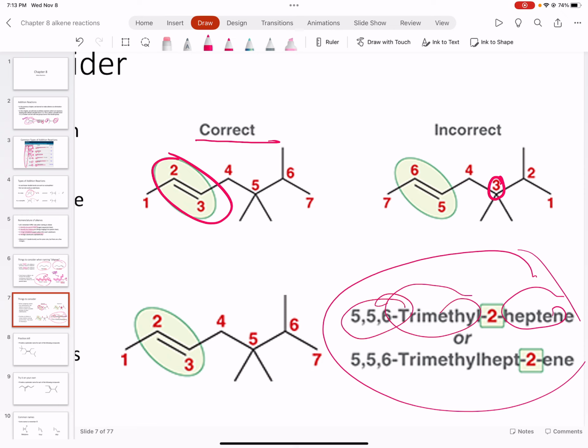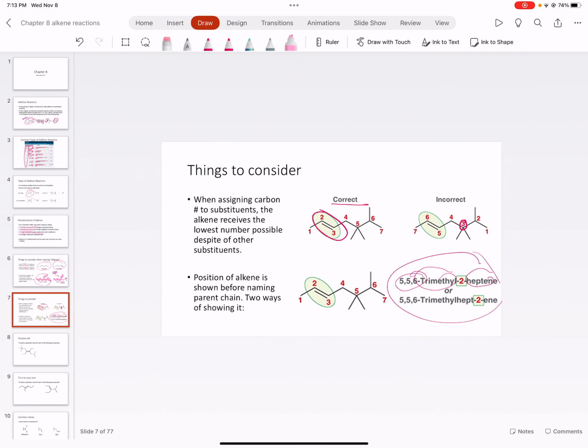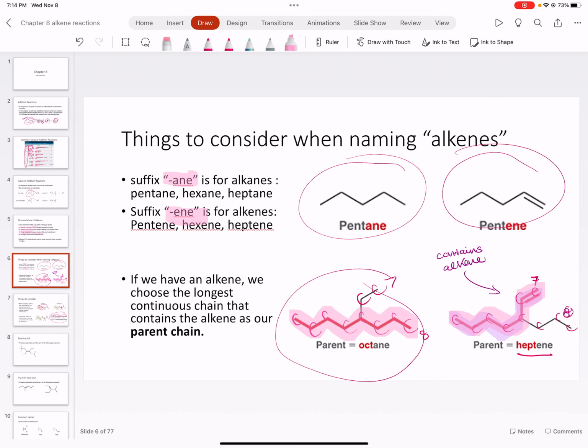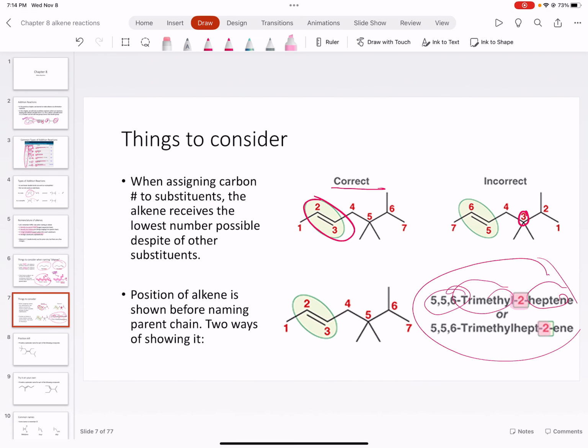But you can see that they make a little exception for showing where your double bond starts. In here they put it before the parent chain, but in here they put it in between. It says hep, which is your parent chain name, but before that suffix for the alkene, they put a number 2 in between.